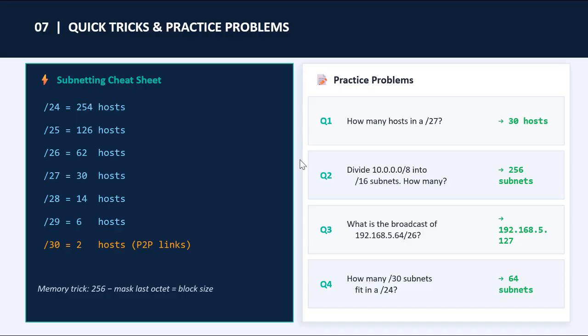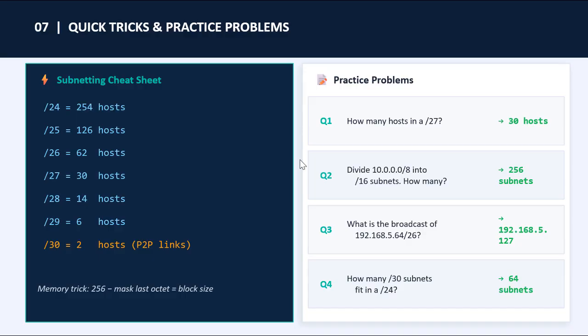What's the broadcast address of 192.168.5.64/26? In previous examples, we know that /26 has a block size of 64. That means the subnets start from .0 to .63 and then .64 to .127.